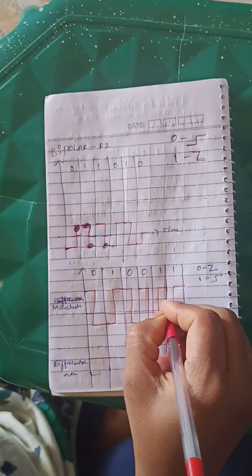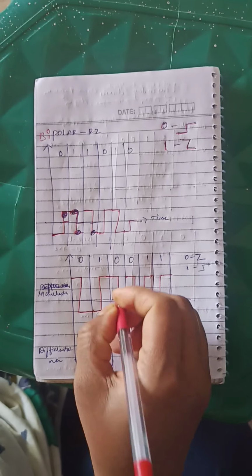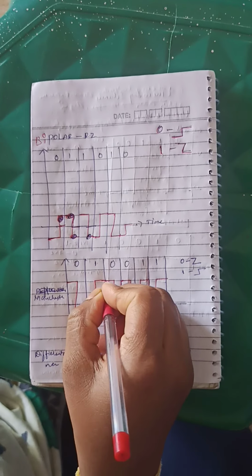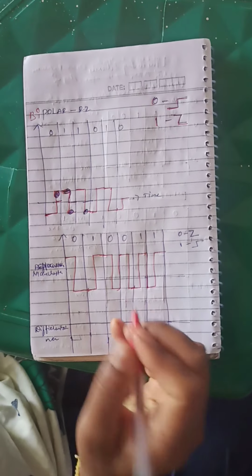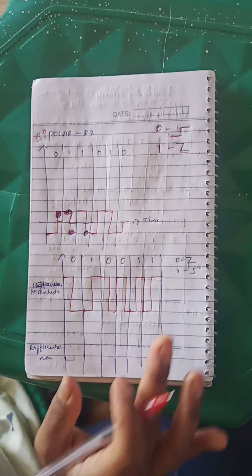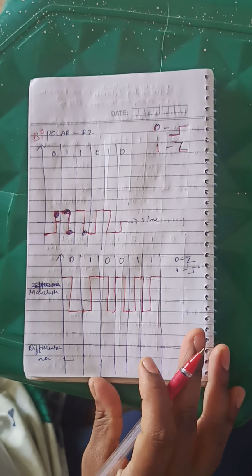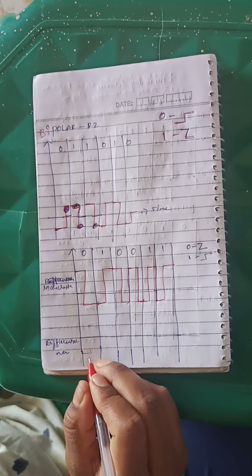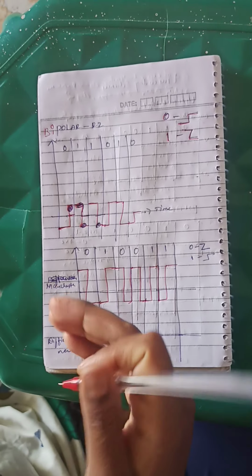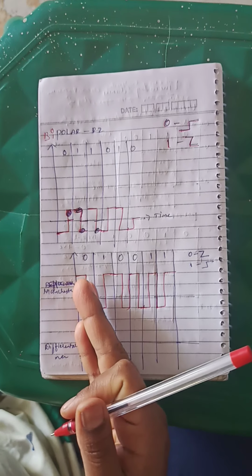So finally we have to join all of these together, and we will get the line coding output. This is what we perform for the binary Manchester timing diagram. Now I am going to move on to the differential Manchester. The differential Manchester is the inverse of the Manchester.